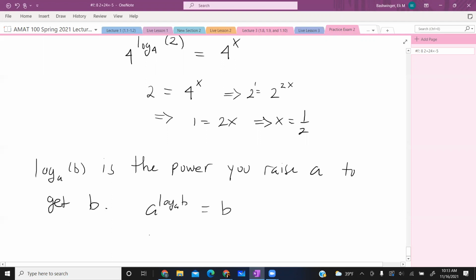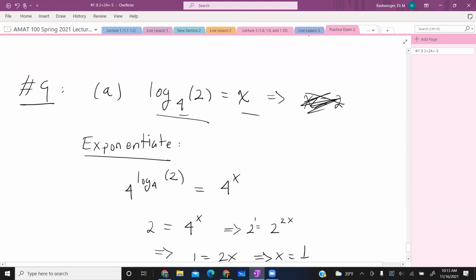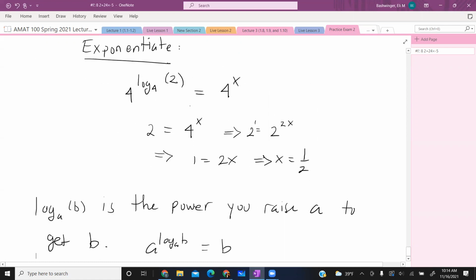It's that power you raise. So in this case, you have to raise 4 to the 1/2 power. In other words, you have to take the square root in order to get 2. So log base 4 of 2 evaluates to 1/2. So therefore, x is 1/2. So that's one way to do it.